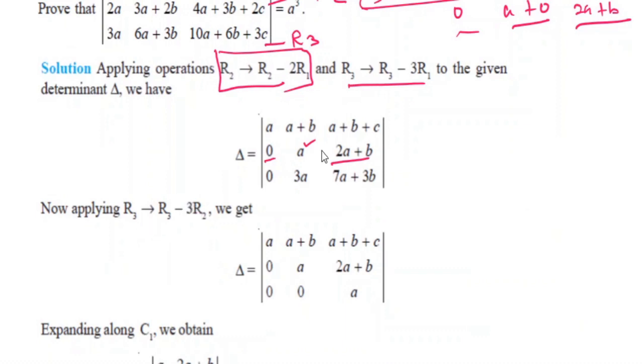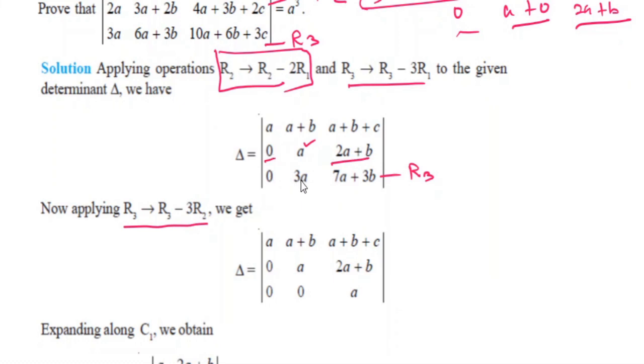Now after converting this, applying R3 to R3 minus 3R2. So where is R3? This is R3. Now this R3 is going to become R3 minus 3R2. So what is 3R2? This is 3R2. When I subtract 3R2, what happens here? 0 minus 0 is 0.